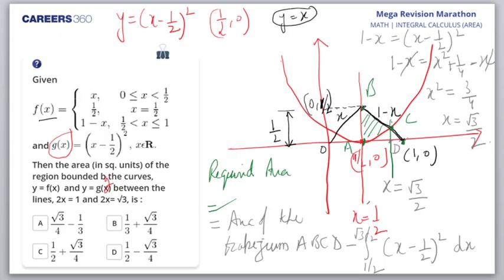The parallel lines are CD and AB. The distance between them is √3/2 minus 1/2. So I have 1/2 times (√3/2 - 1/2).